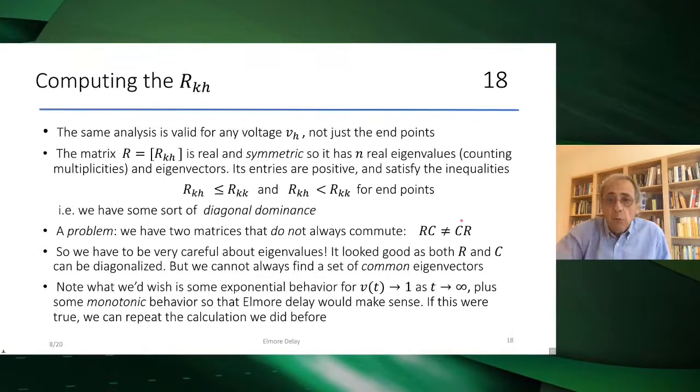So based on this, let's try to look at this matrix R and see what we can get. Of course, we're looking for an exponential behavior, and for an exponential behavior in the case of a matrix, we would have to look for eigenvalues of the matrix and see if we could solve the equation in a certain way.